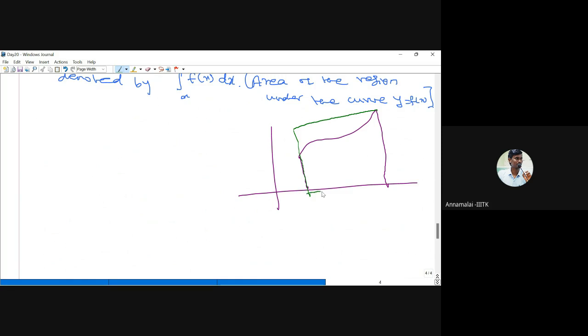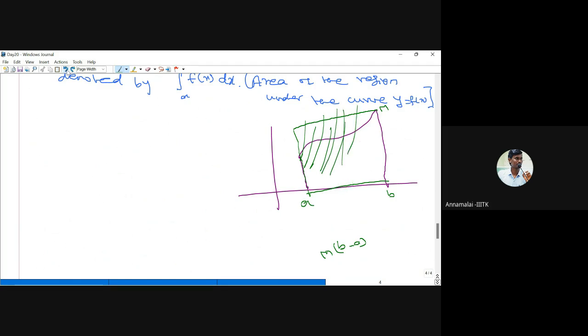What is the area of this bigger rectangle? Base into height. This is a point a and this is b, so the base is b minus a. What is the maximum value? It is M. So M into b minus a is the area of this rectangle, the entire thing.